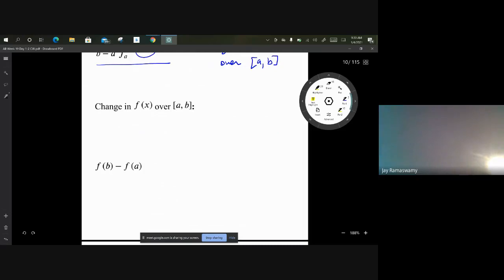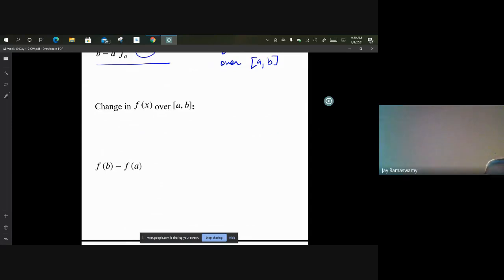We're doing more interpretations. Write this down, please. If you see the phrase change in, or sometimes the AP will say net change, you're learning something brand new. If you see net change or change in, what does the word change mean? If I say, what's the change in temperature? What simple operation will you do?